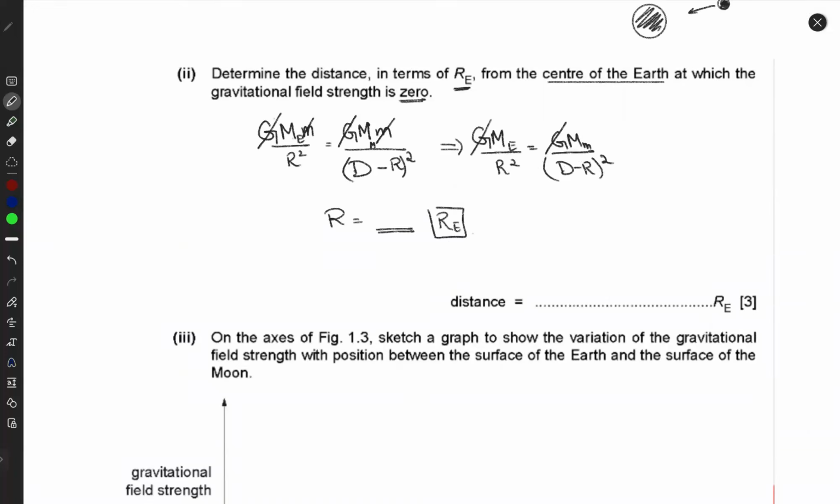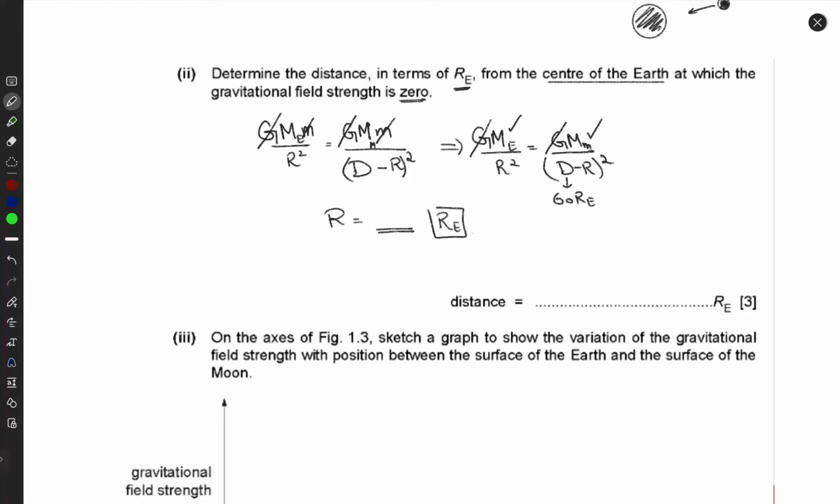The G's go away. We have the mass of the Earth, the mass of the Moon, and the value of D, which is 60 RE, and we have to find r. So everything is known, but we just have to find r. We'll just rearrange this expression and write the value of r. Is that clear? Or is there any question?